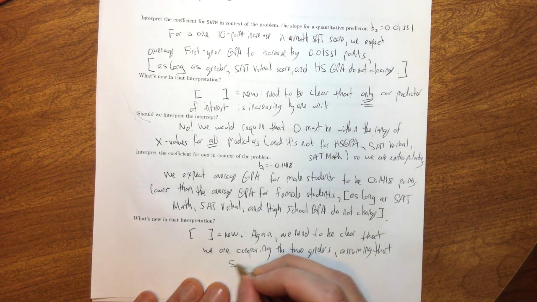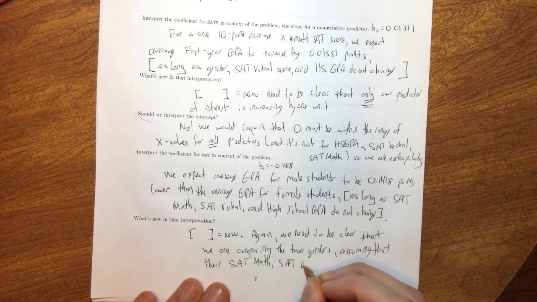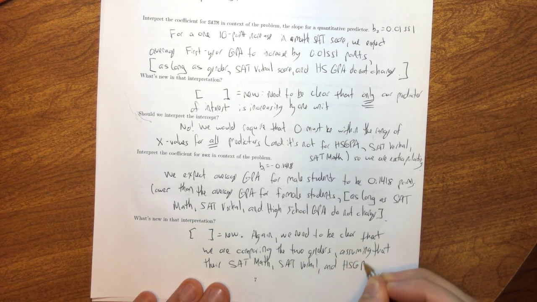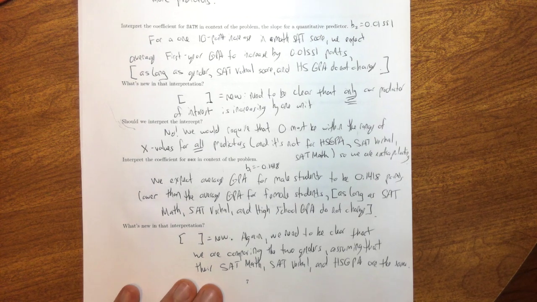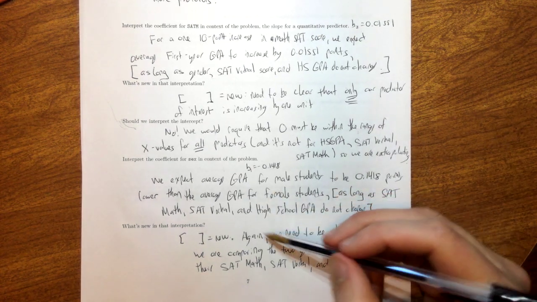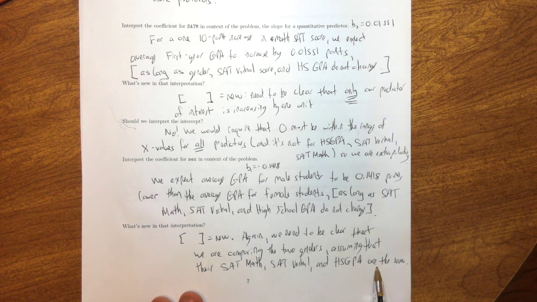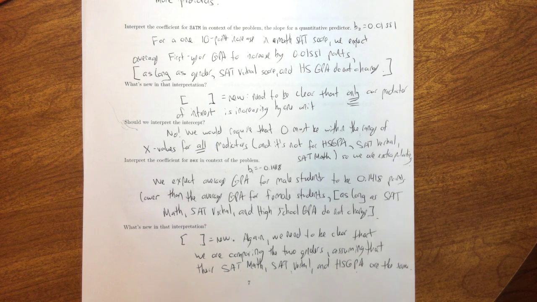So assuming that their SAT math, SAT verbal, and high school GPA are the same. So in other words, we're comparing the averages for these two genders on this otherwise level playing field of equal SAT math, equal SAT verbal, and equal high school GPAs.